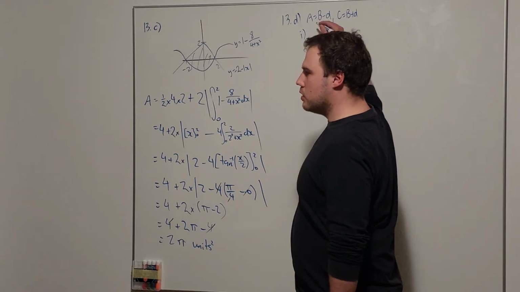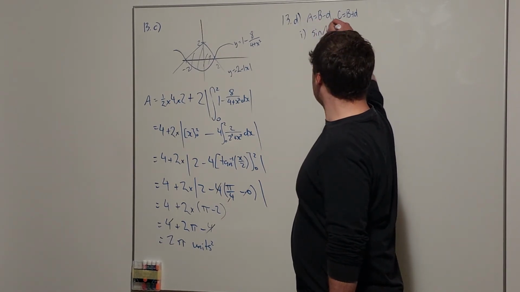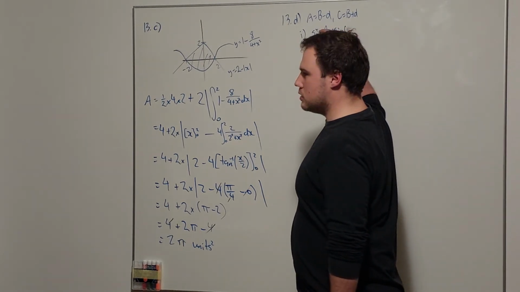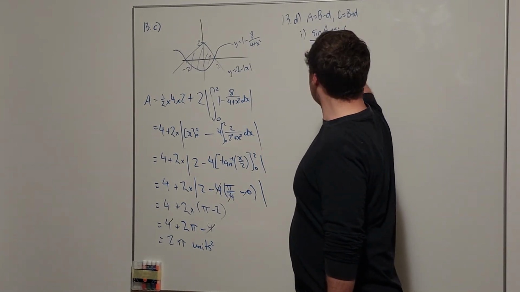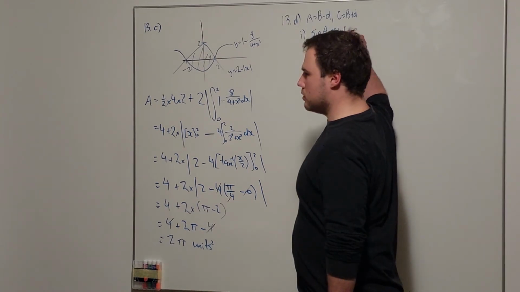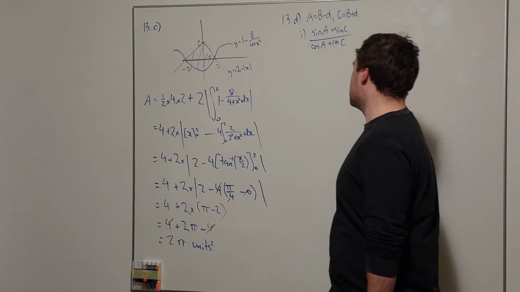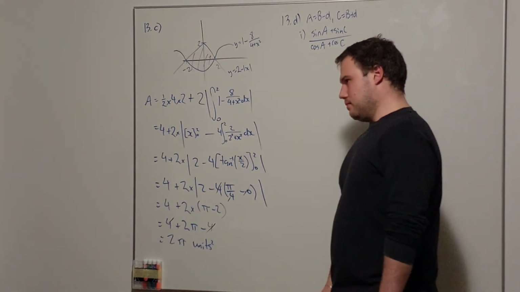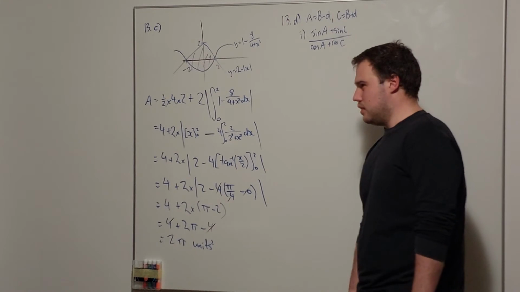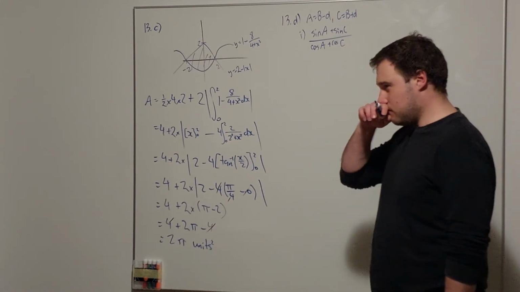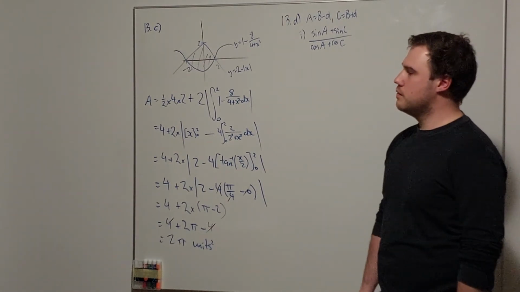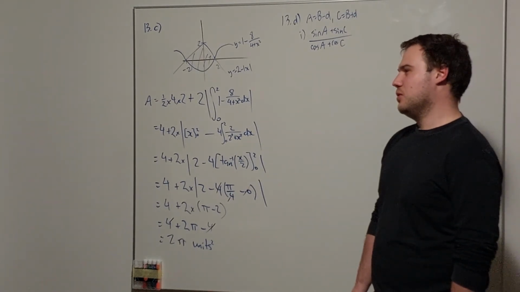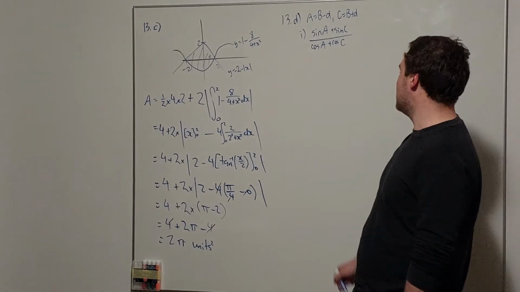Show that sine A plus sine C on cos A plus cos C equals tan B. I think it's fairly straightforward, not too much creativeness needed for this one.